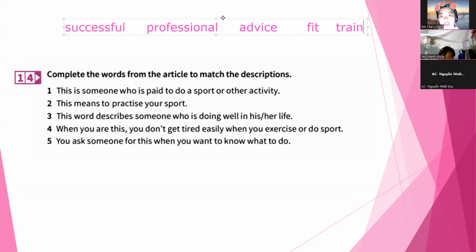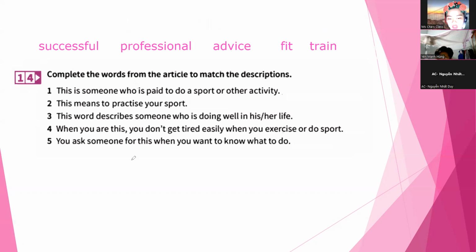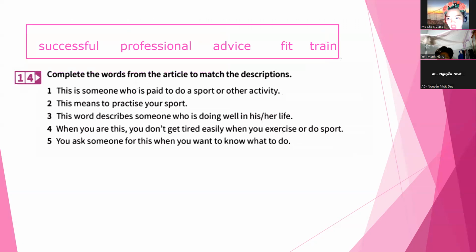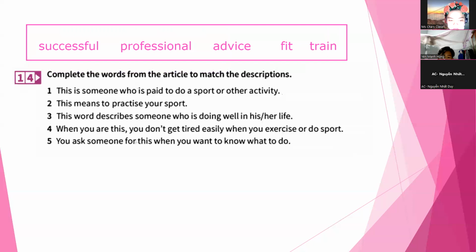All right. With this one, Hungoy, I want you to read the sentence and tell me what is the word that we are describing based on the selected words that we have on top. Number 1, please read. This is someone who is paid to do a sport or other activity. What is the correct answer?